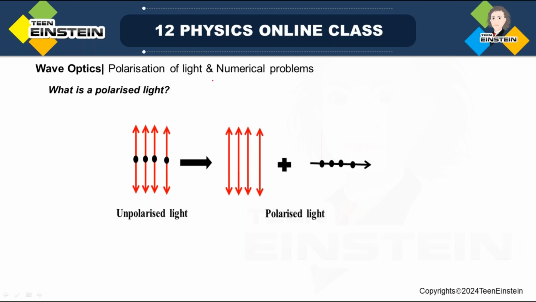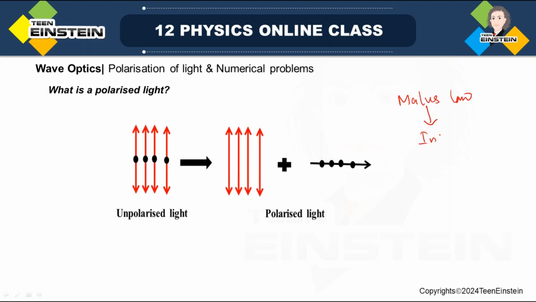Today we are going to learn a few more things in this polarization part. One is details of Malus law. This gives the intensity of light when you analyze it; light has to pass through the analyzer.